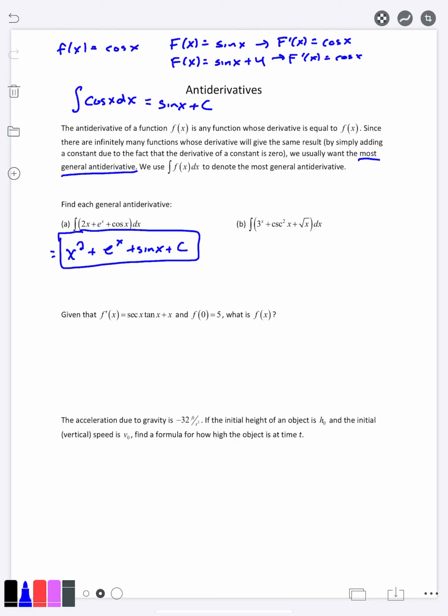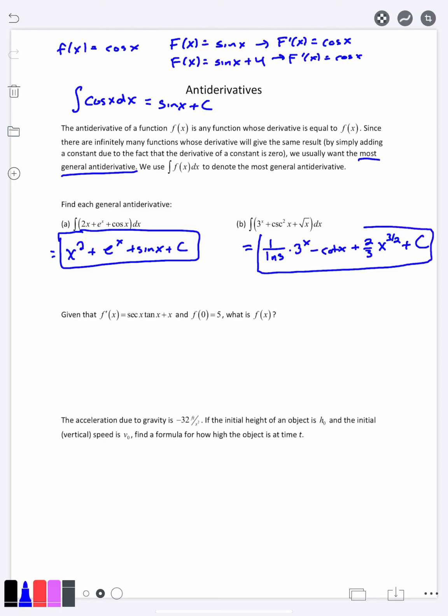Now the second one is going to be quite a bit more challenging. I'm actually going to skip over some of the reasoning for now, because we're going to see in more detail in a future video how I came up with this. But it turns out that the answer is going to be 1 over ln 3 times 3 to the x minus cotangent x plus 2/3 x to the 3 halves plus c.